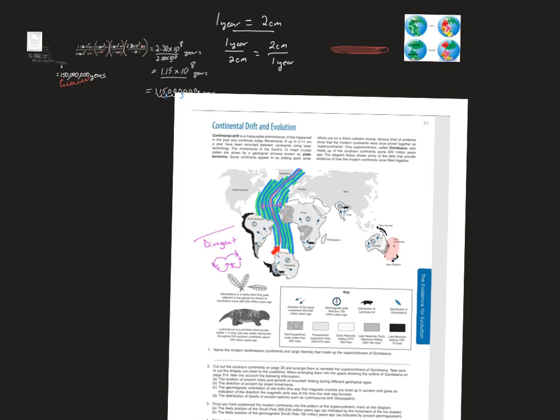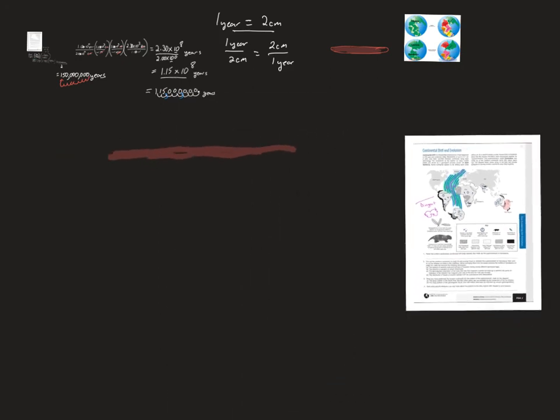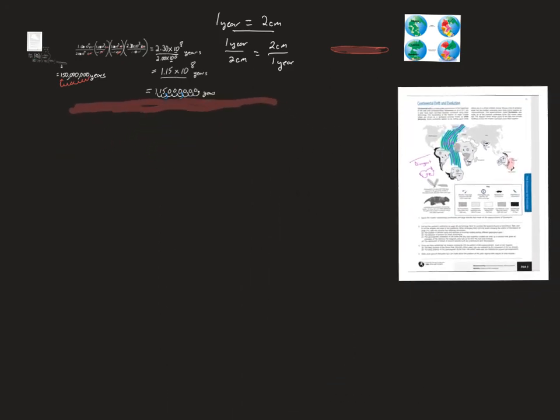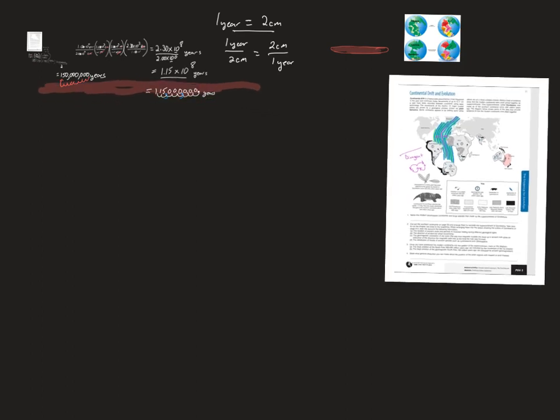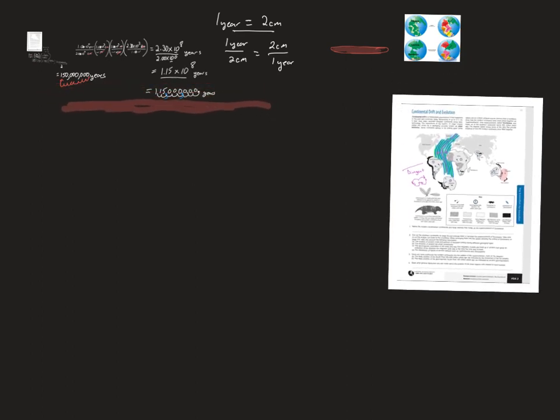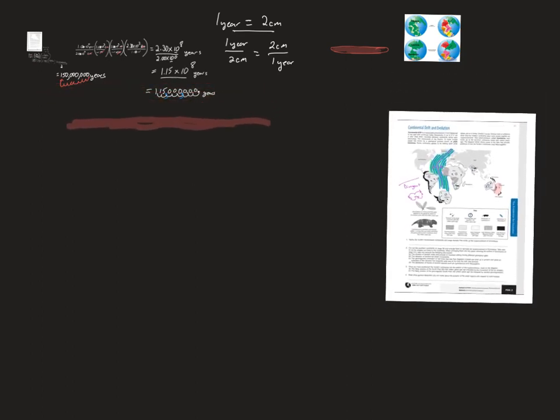happens. How does the seafloor spread? Well, we know it's spreading at 2 centimeters per year, but it's explained by this idea of continental drift and convection currents and the plates separating.